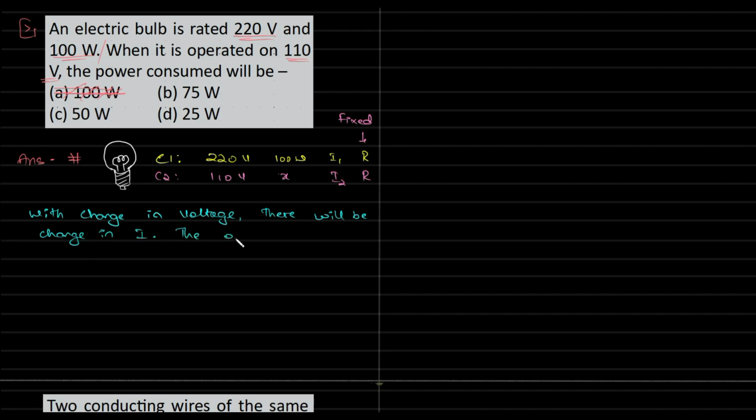The only factor that remains constant is the resistance of the wire.